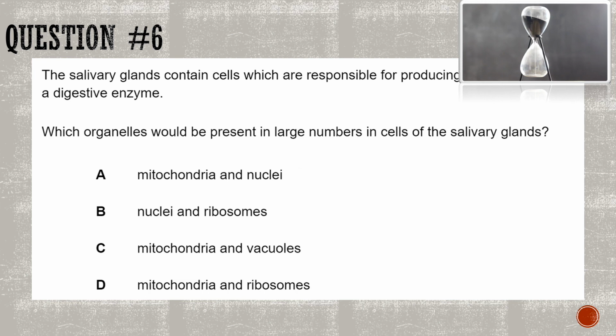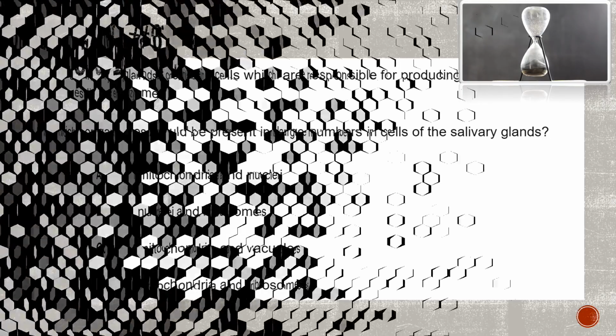Which organelles would be present in large numbers in cells of the salivary glands? And the correct answer is D.